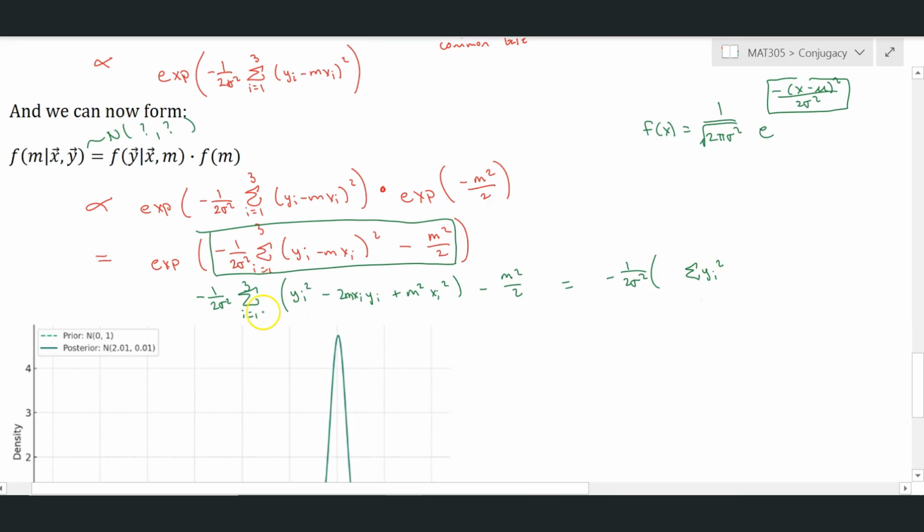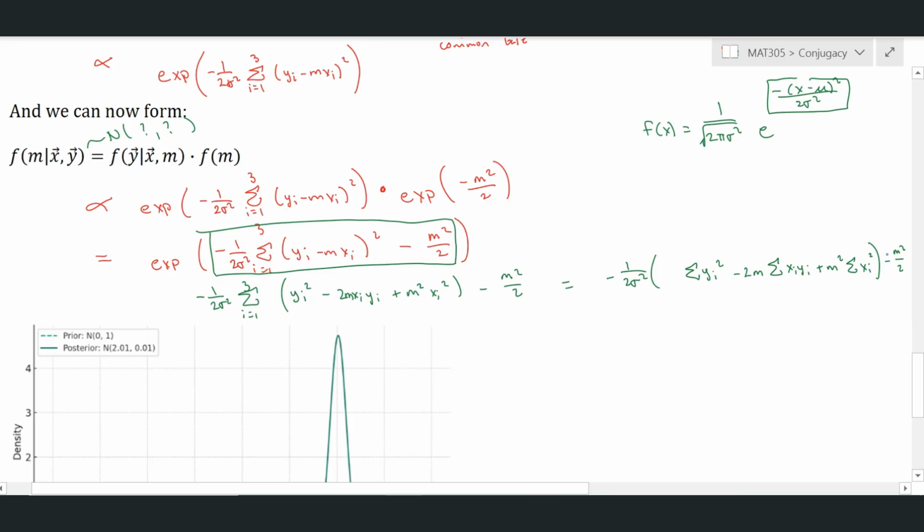I'm just going to skip the i equals 1 to 3 for the time being, since we have a lot going on here. Notice that the middle term only sums across the indices, so I can factor out the 2m, because that doesn't depend on the index: sum of xi yi, plus m squared, sum of xi squared, and minus m squared over 2.